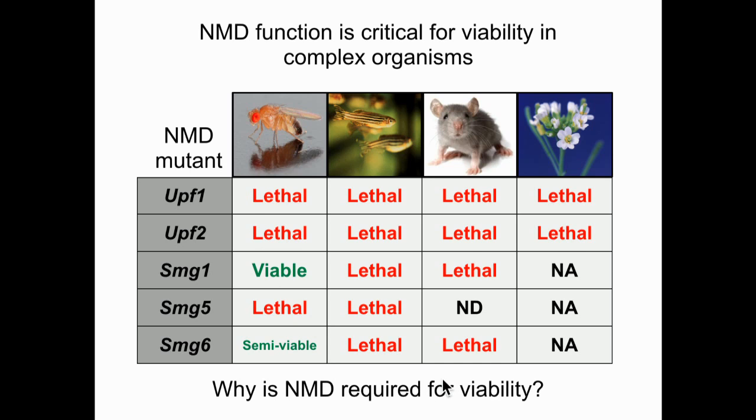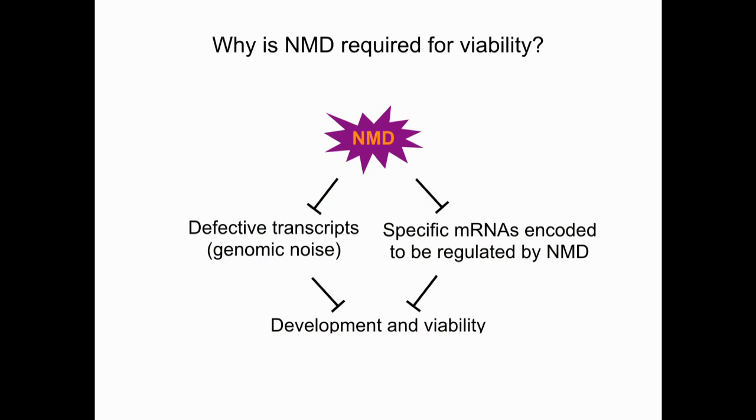There are two broad models for this, and they're not mutually exclusive. One is that every organism contains in its genetic background a bunch of premature termination codon containing transcripts. Maybe they're from inherited mutations, from missplicing, or from pseudogenes and the like.